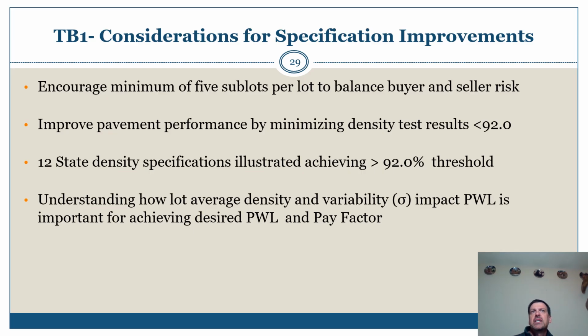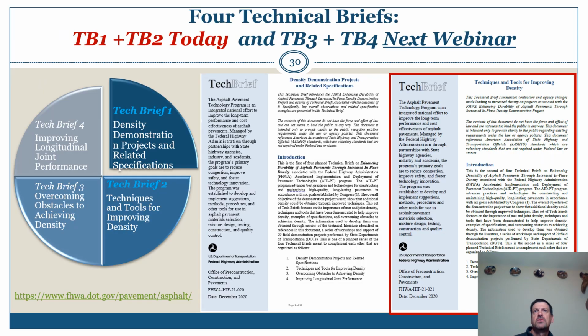And then 12 state density specifications illustrated that using the 92% threshold was effective, and you could end up with a small amount of test results below that. And then finally, the last concept we looked at was that understanding how lot average density and variability impact PWL is important to the success of both the agency and the contractor.